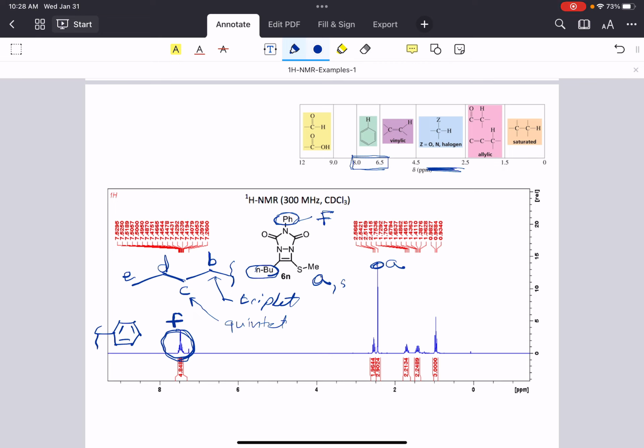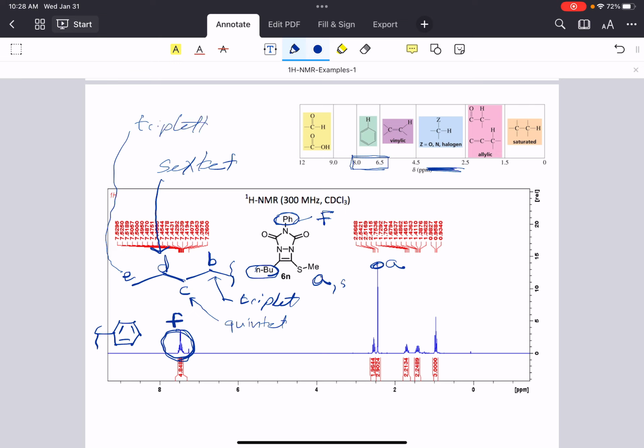Signal D has one signal for those 2 hydrogens plus 3 neighbors on the left and 2 neighbors on the right. So that's going to be a sextet, a series of 6 little peaks. And then signal E, one signal for those 3 hydrogens plus its 2 neighbors, I would expect to show up as a triplet.